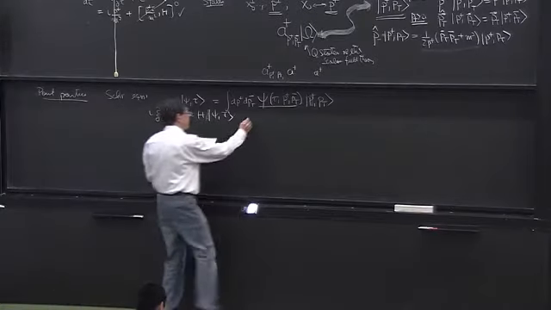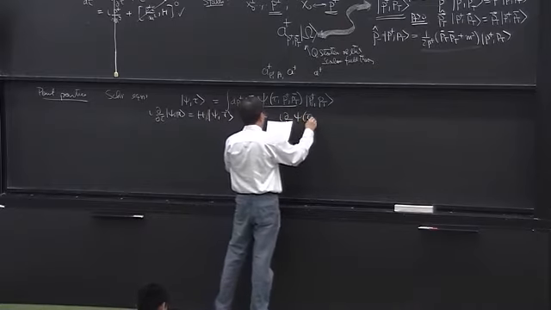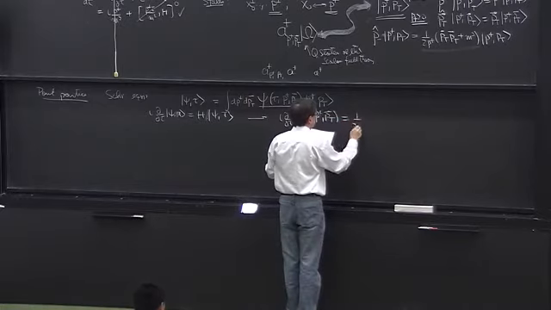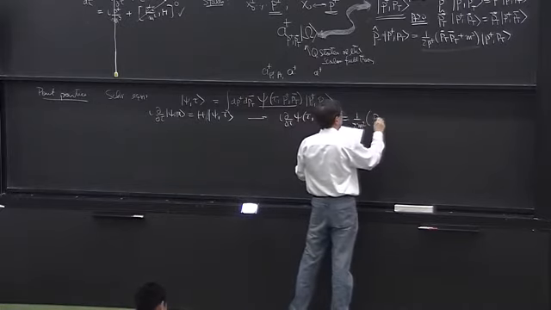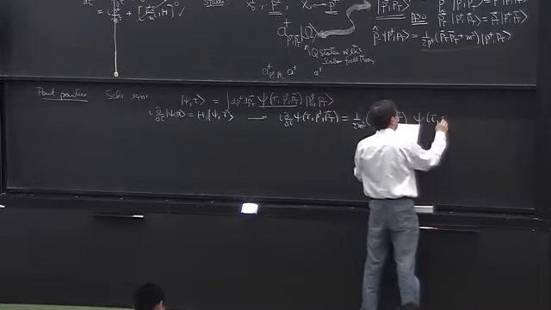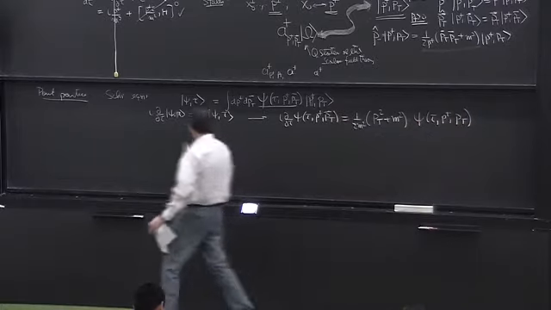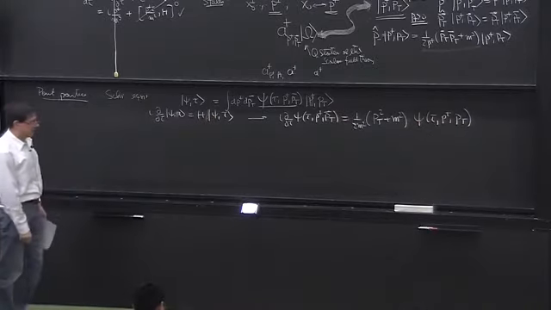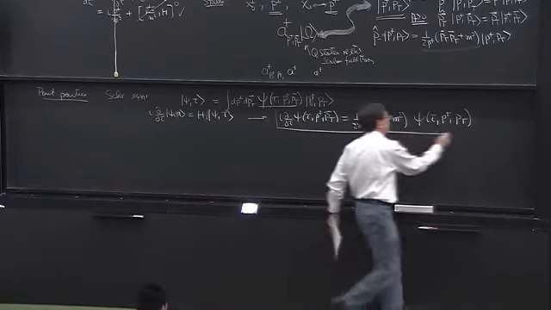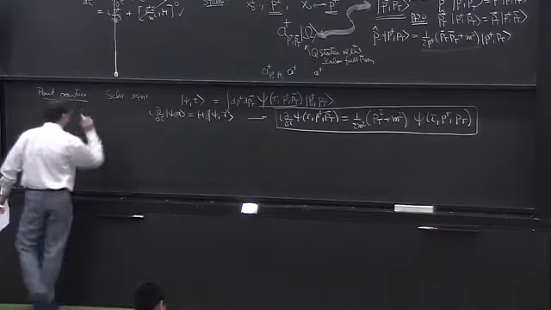So from this equation, we get i d/dτ of psi of τ, p plus, p transverse equals 1 over 2m squared, p transverse squared plus m squared, psi of τ, p plus, p transverse. So you should do it, but it's sort of clear, and that makes sense. This is the Schrödinger equation for the relativistic point particle.